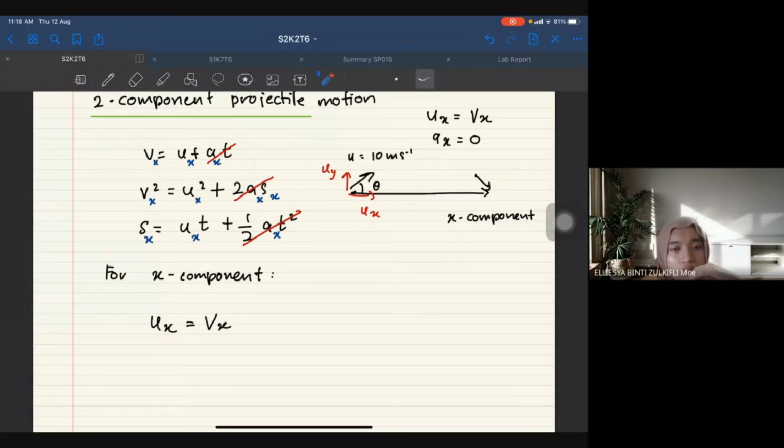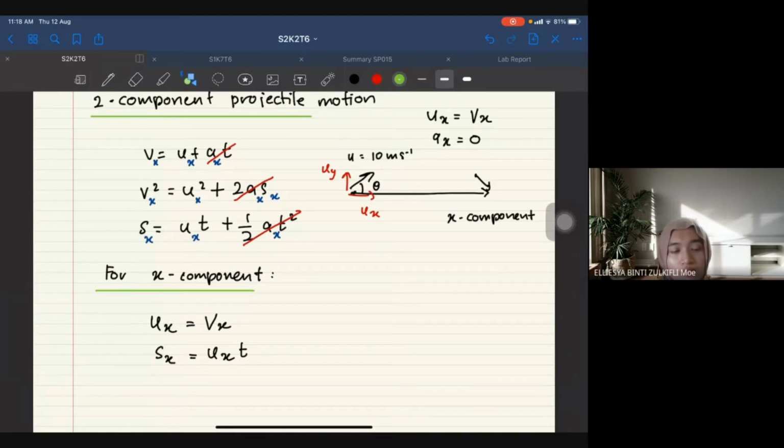This is the thing that they wouldn't say in the question. Dia tak akan sebut pun dalam soalan, tapi you need to know. Ini adalah hidden information yang memang basic kamu kena tahulah, macam gravity is there. So another equation is Sx equals Uxt. This is the only two equations for the X component. So sebenarnya senang je.